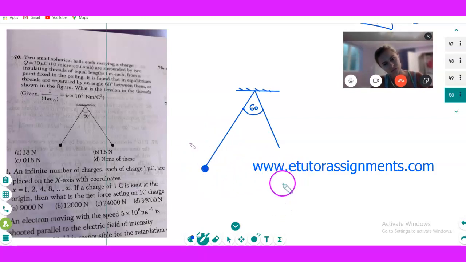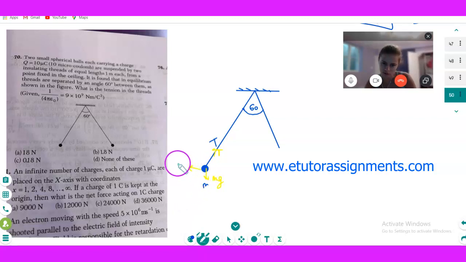Mass is given. Force acting is mg. Good. You tell me, I will write. Yes, this is the tension. And then there's also the electric force going here.